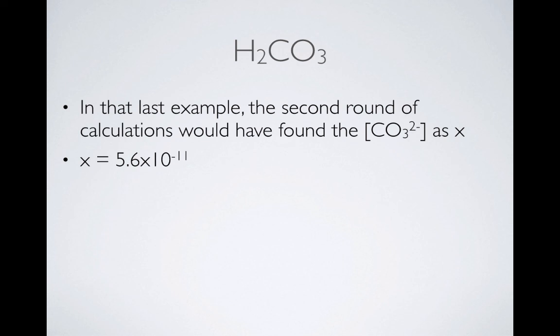If you want to know the concentration of the final counter ion, you generally have to go through first, second, maybe even the third round of equilibria to find the final concentration of that ion. However, here we see that the concentration of that carbonate ion is in fact equal to the Ka2, and again, that is not uncommon at all. Very frequently, that's what you're going to end up with.